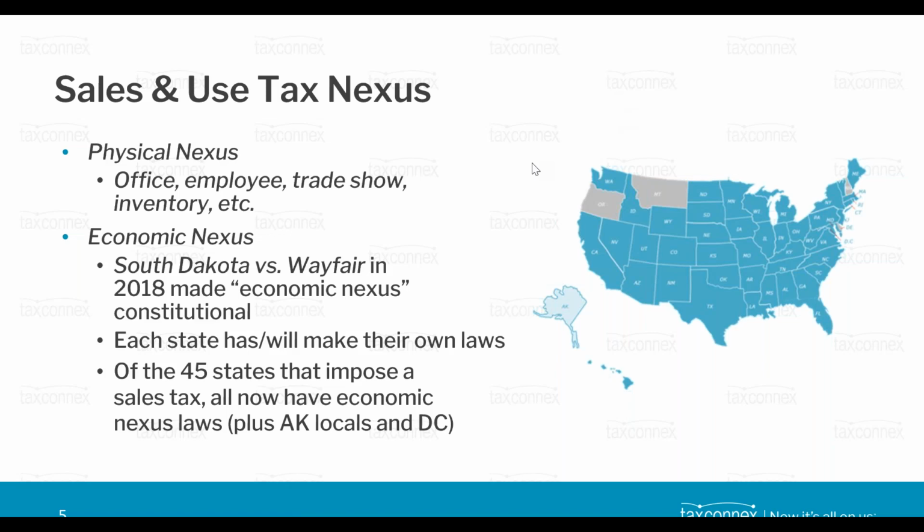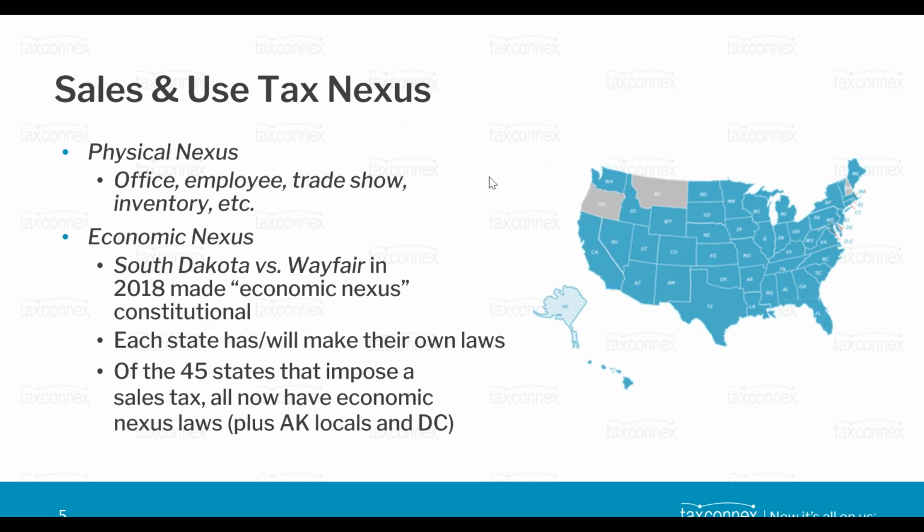This decision came out in June of 2018, and as you might have guessed or imagined, a lot of states sort of already had this pent-up demand and excitement around this standard, and so the legislatures of all the states started rolling out their own economic nexus standard.